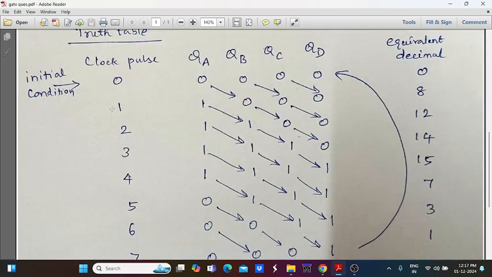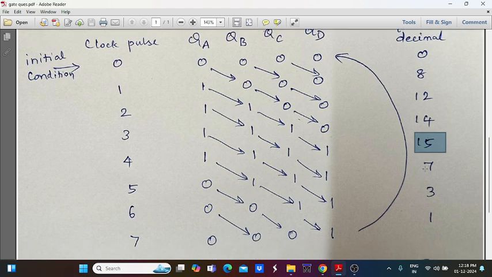And for first clock pulse 1000 is your output. For this the equivalent decimal value is 8. Similarly, for second clock pulse 1100 is the output and the corresponding equivalent decimal value is 12. Similarly, 1110 is the binary value, equivalent decimal is 14. Similarly, 1111 is the output, equivalent decimal value is 15.